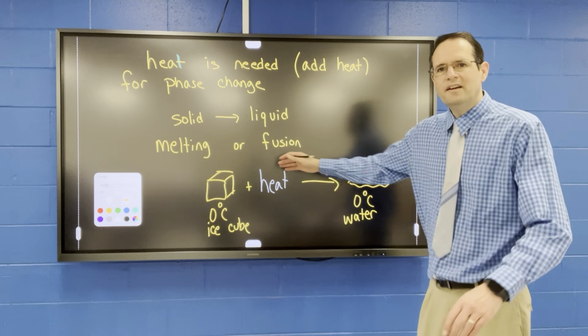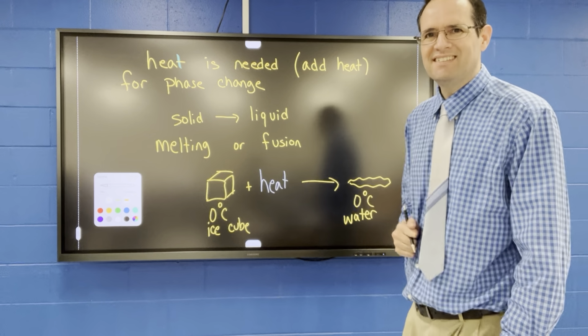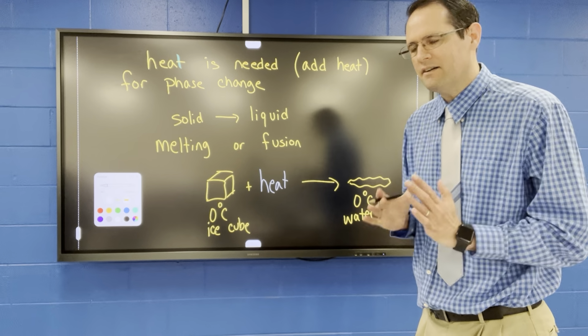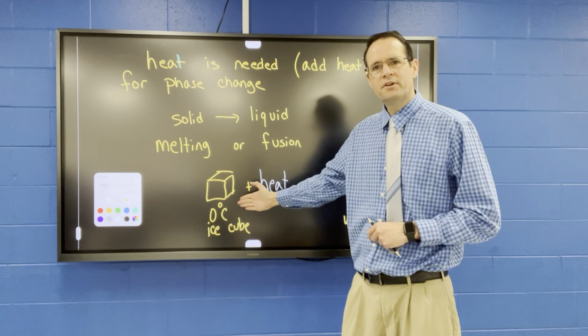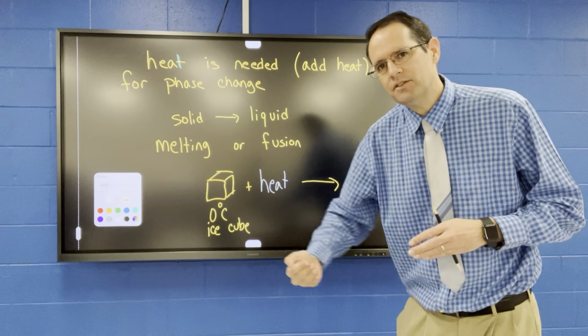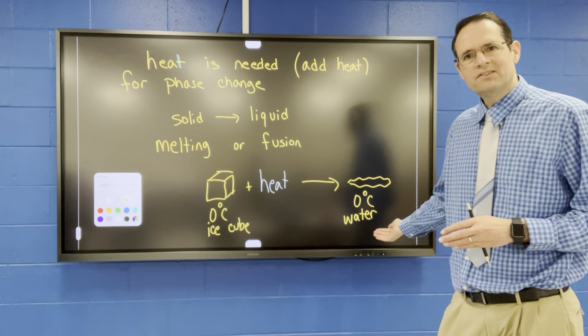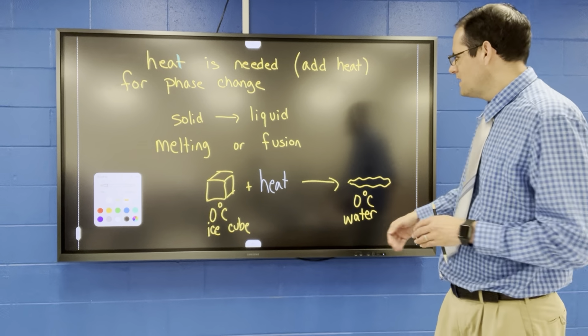Okay. The temperature stays at 0 degrees Celsius. I cannot stress that enough. If you take an ice cube at 0 degrees Celsius and add heat to it, it remains 0 degrees Celsius.